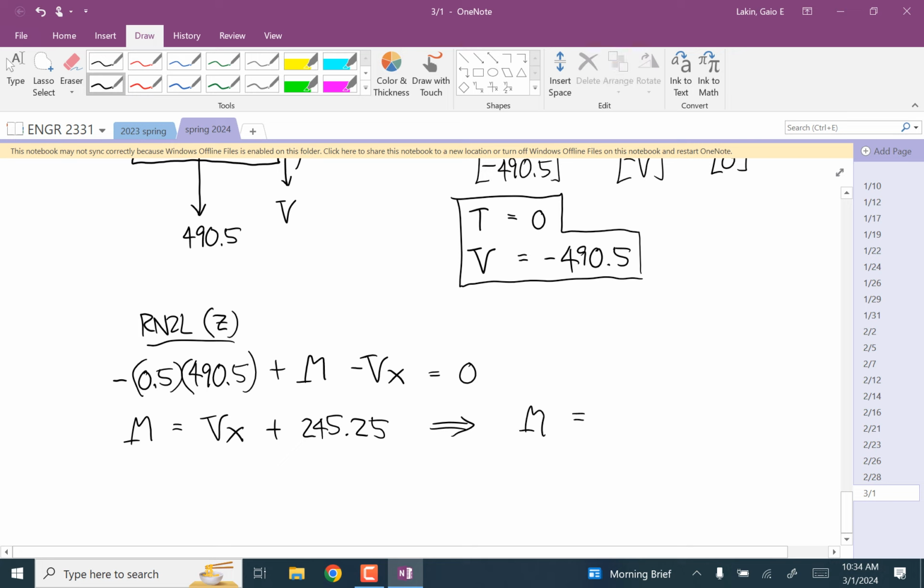And so the bending moment along this line is negative 4... Oh, I'm just in the habit of writing this as Vx, but x is 1. So this is just V times 1.